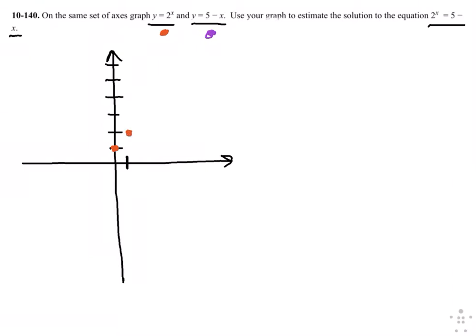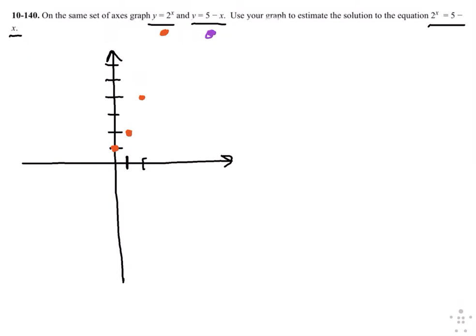If x is 2, then y is 4, right? 2, 3, 4. Right here. And then if x is 3, it's 8, right? So it curves up pretty drastically there.